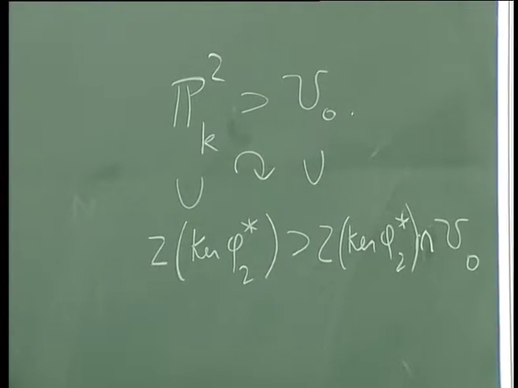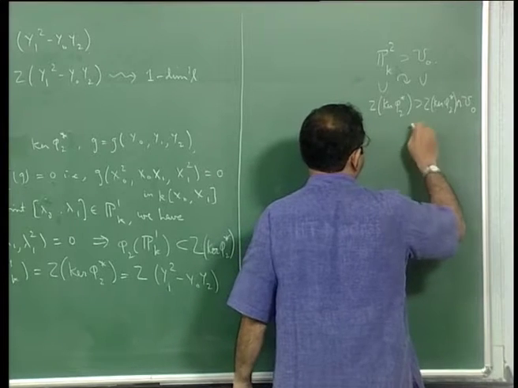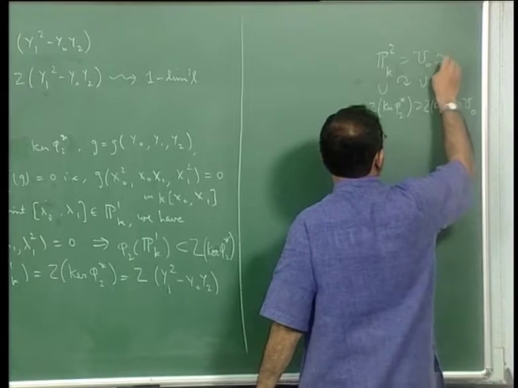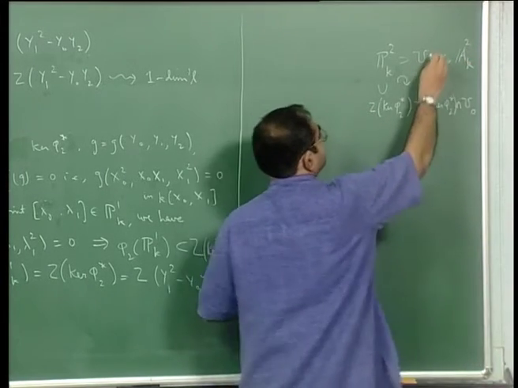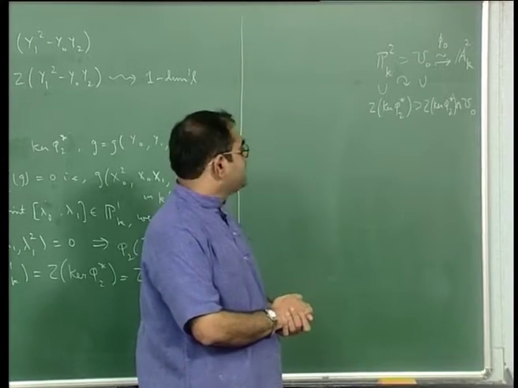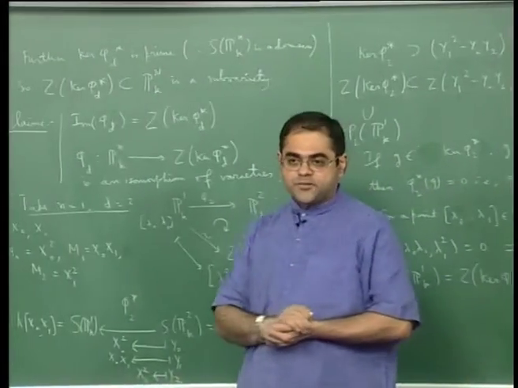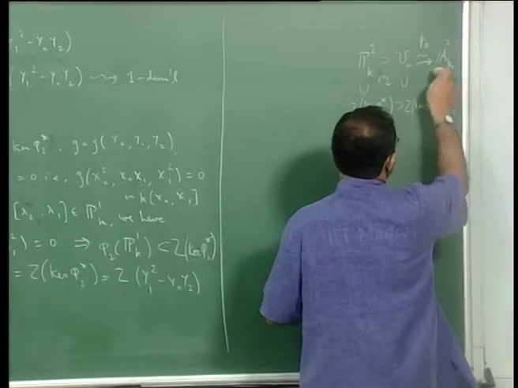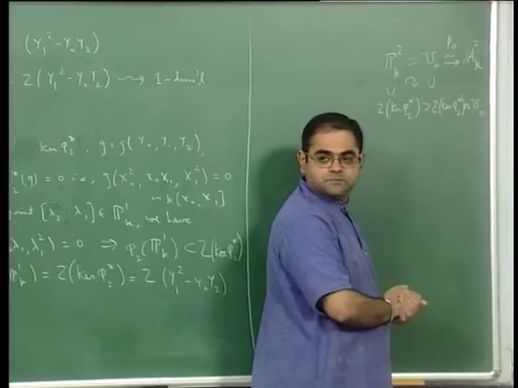U0 is identified with A2 by phi0, and U0 corresponds to the place where Y0 is non-zero, and therefore under this isomorphism this will be identified with a closed subvariety of A2.